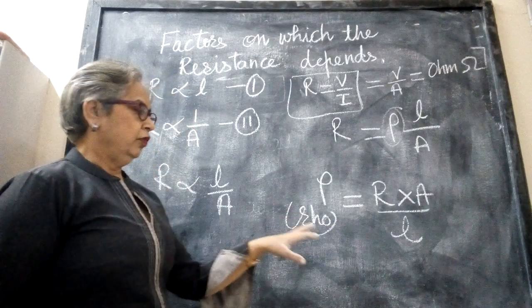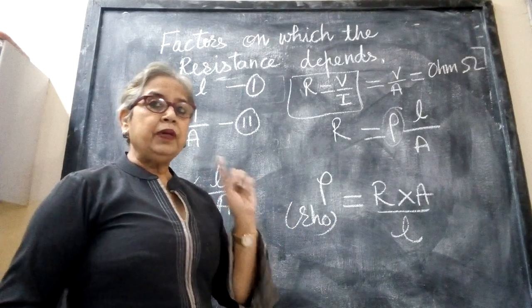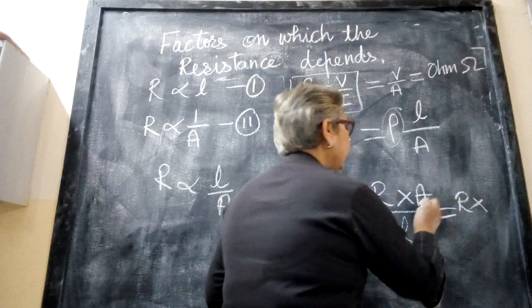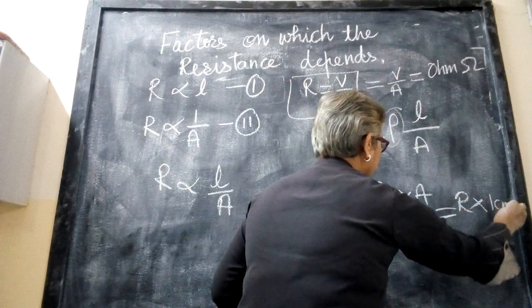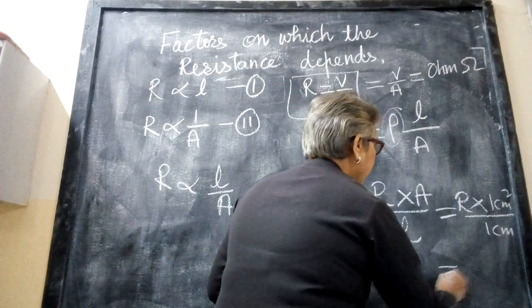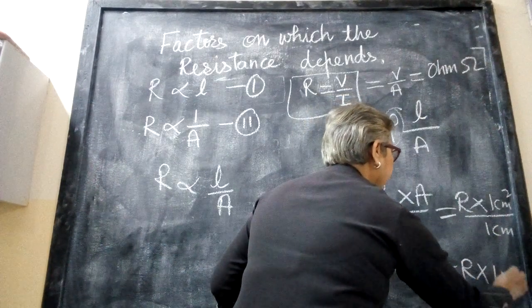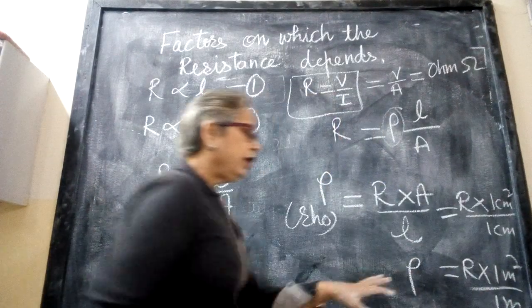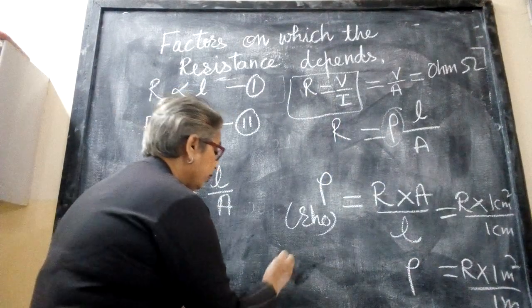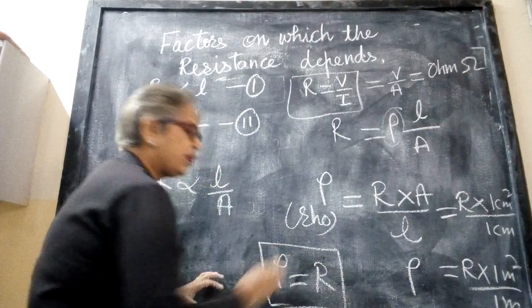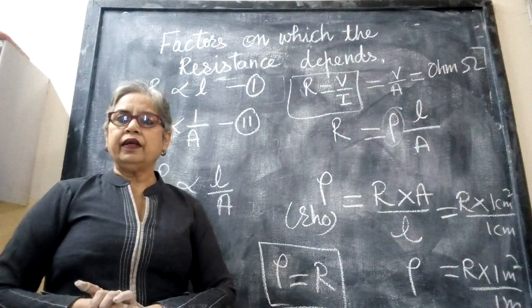Okay, now dear children, please pay attention. If the area of cross section is 1 square centimeter, length is 1 centimeter, or 1 square meter, 1 meter, then can I say that resistivity of that is numerically equal to the resistance? Right?